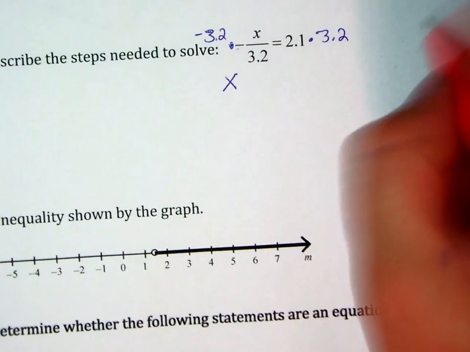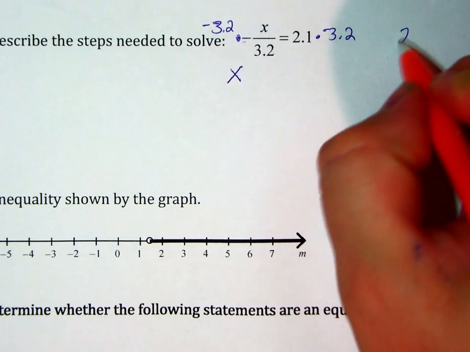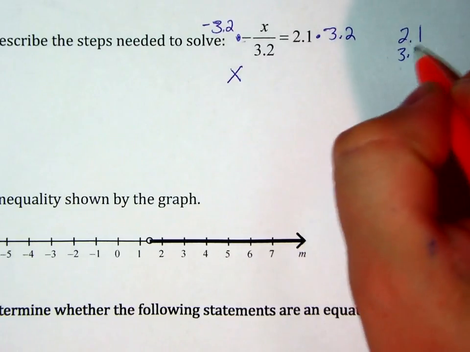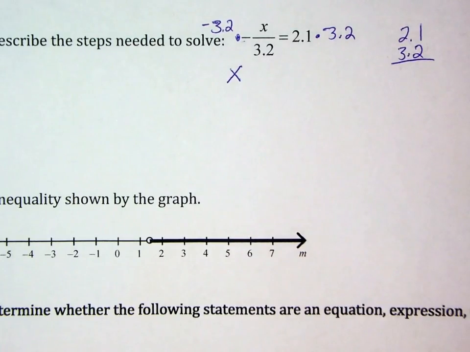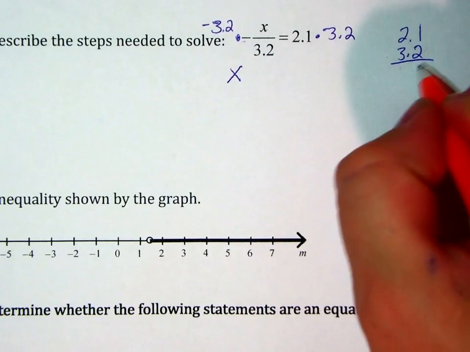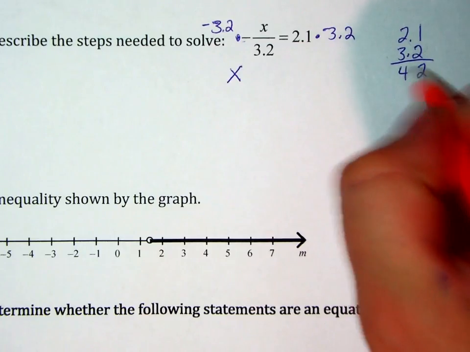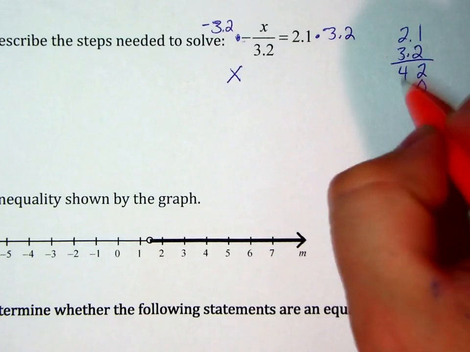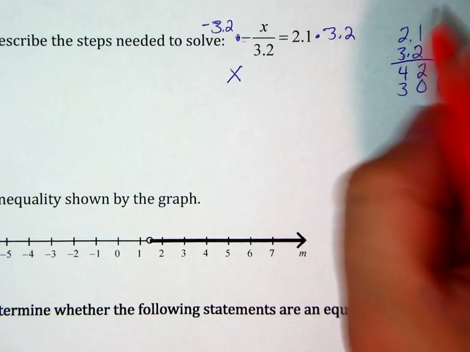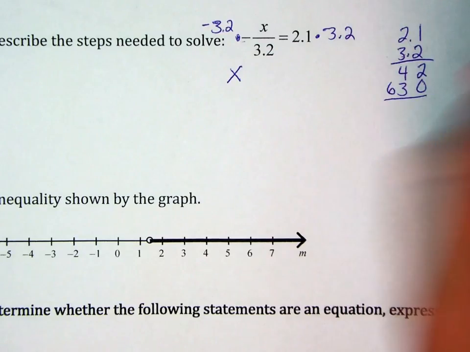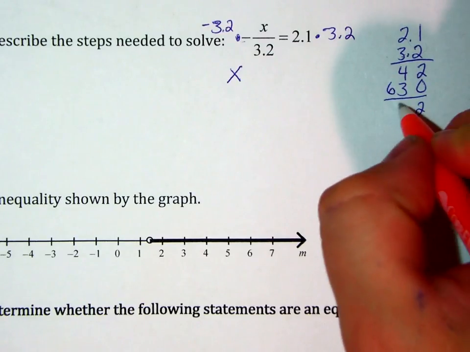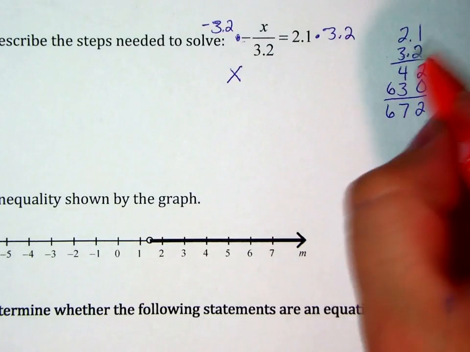And now I need to determine 2.1 times 3.2. Just as a refresher on how to multiply decimals, 2 times 1 is 2. 2 times 2 is 4. Bring down your 0. 3 times 1 is 3. 3 times 2 is 6. Add up your values. 2, 7, 6.